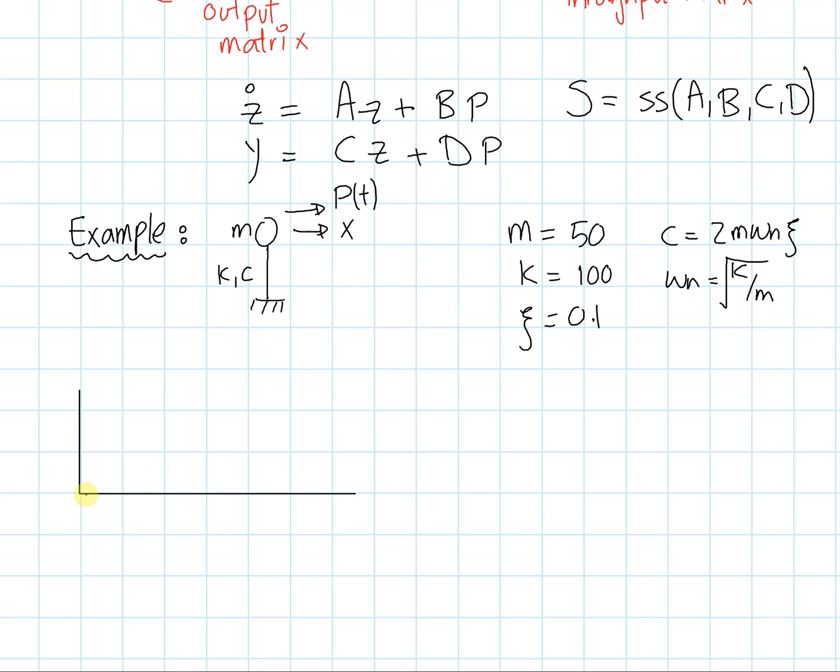So it will look kind of like this. And we're going to choose some random amplitude and frequency for this sine input. And the second input that I'm going to think about will be a step input.